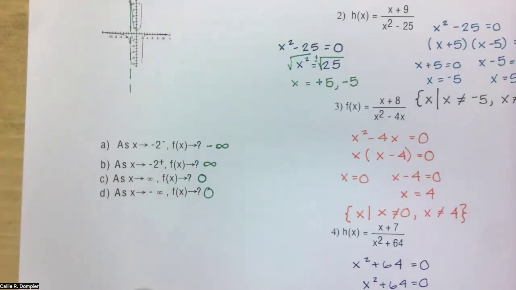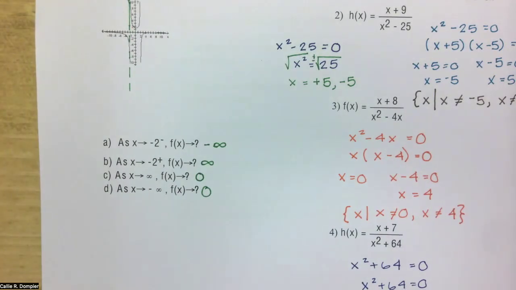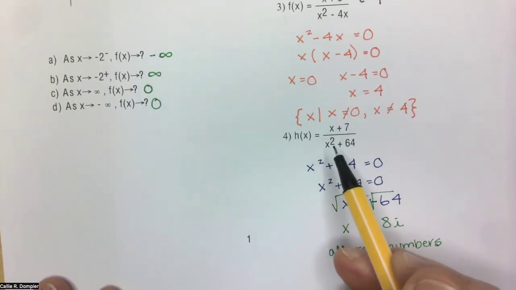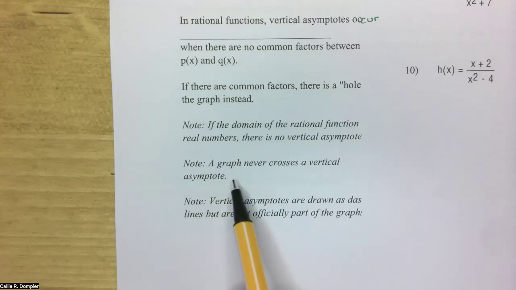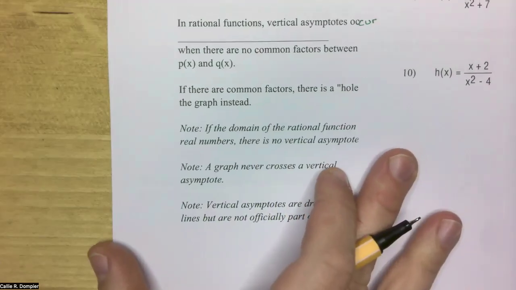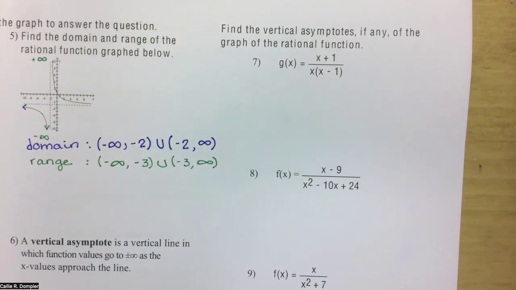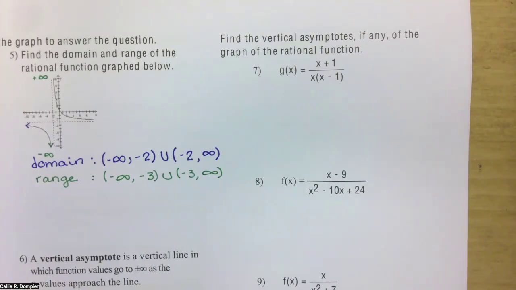And in number 4, we didn't see a vertical asymptote either. There's no number I could square plus 64 to get to 0. A graph never crosses a vertical asymptote, and vertical asymptotes are drawn as dashed lines, but are not really part of the graph, okay?